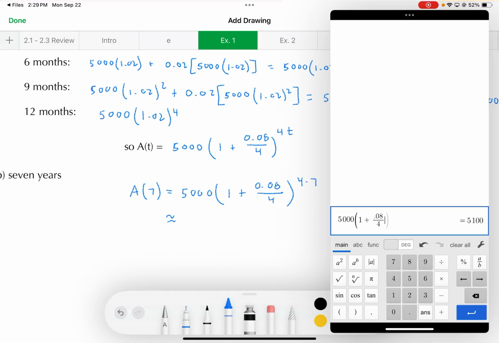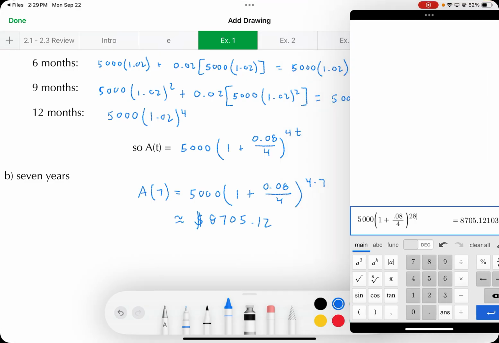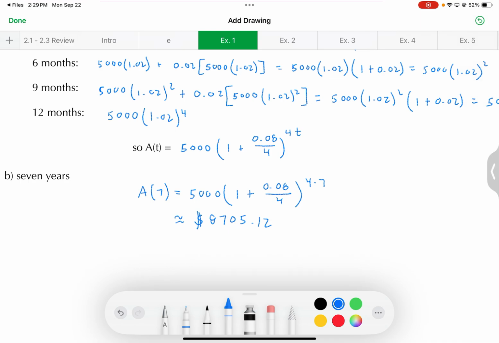Of course, you could put that in as 1.02. Raised to the power, I'm just going to say 4 times 7, I know is a power of 28. So it's going to be worth $8,705.12 after 7 years. Questions there?